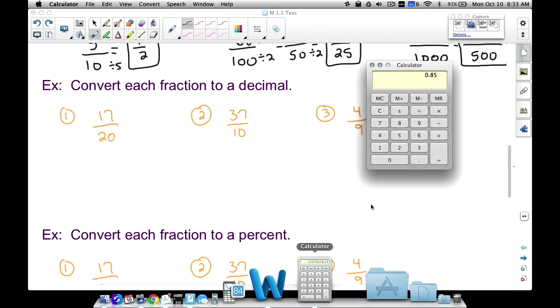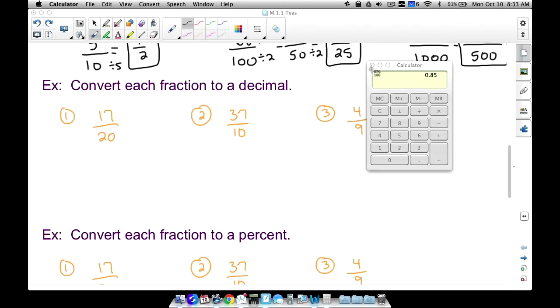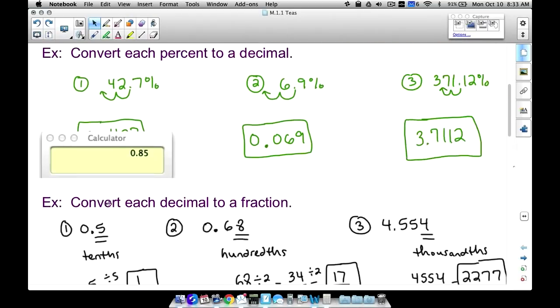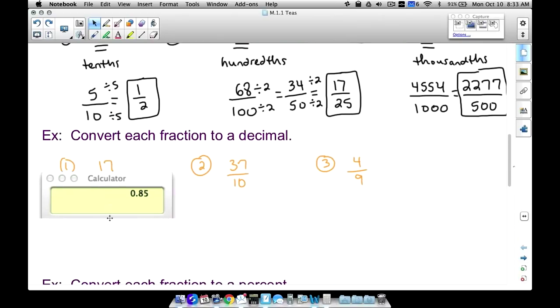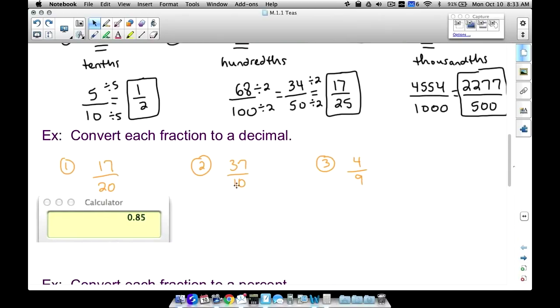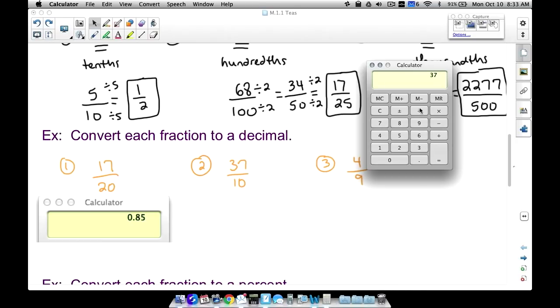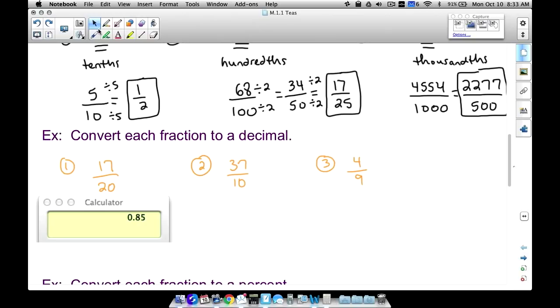A fraction is division. So that one right there, 0.85. That's all we have to do there. I could have just written it down, but nonetheless, 17 out of 20 is 0.85. 37 over 10. Grab your calculator. That's going to be 3.7. 37 divided by 10, 3.7. So I'll just write that up here.